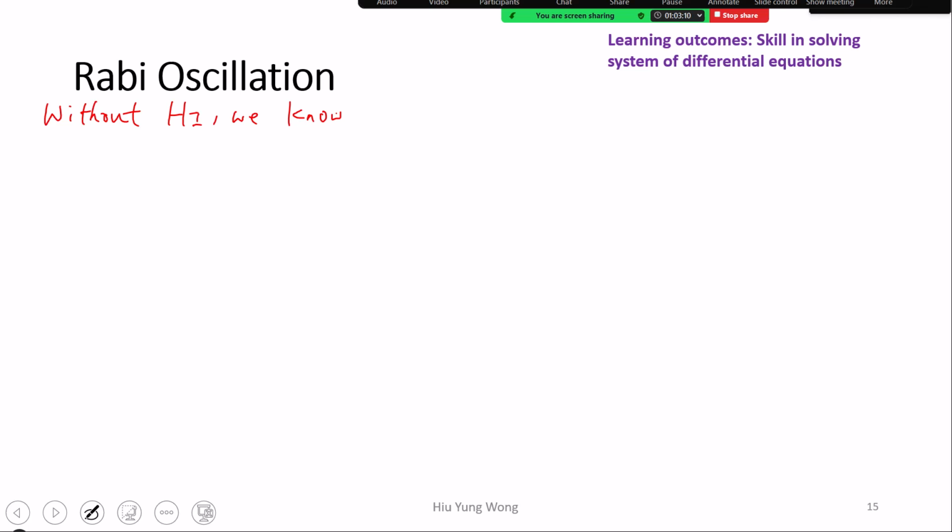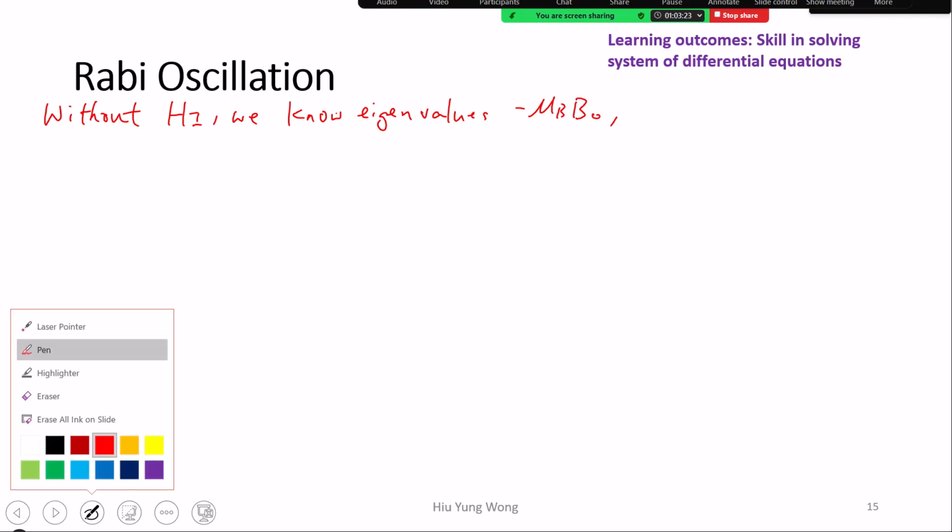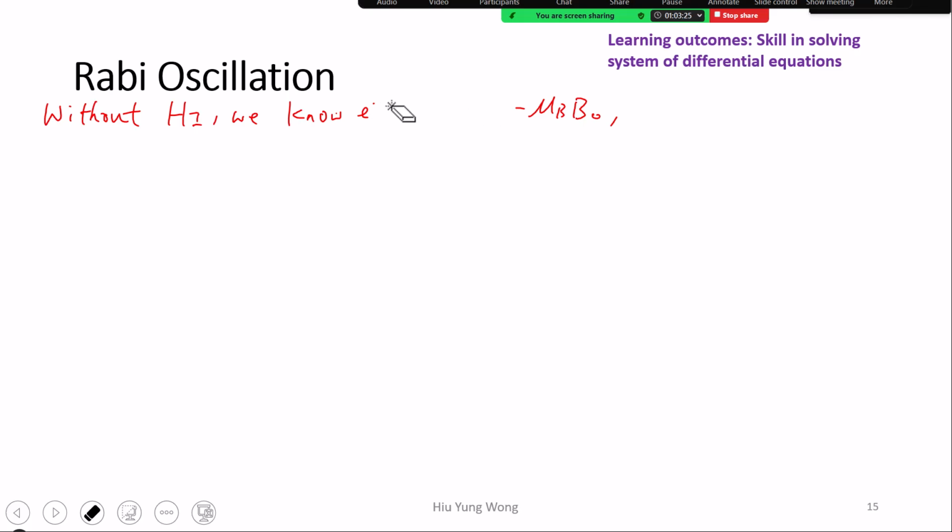We know that the system has eigenvalues negative mu B0. Maybe let me do a table instead. We know that it has eigenvalue of negative mu B0 for an eigenvector.